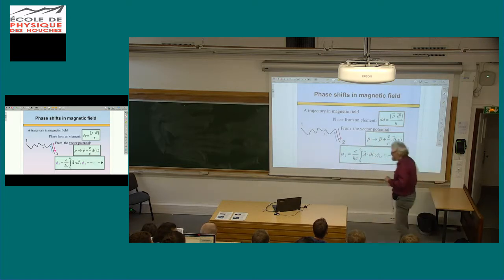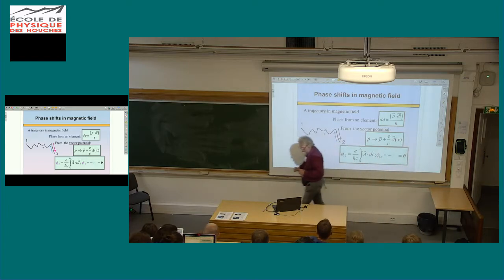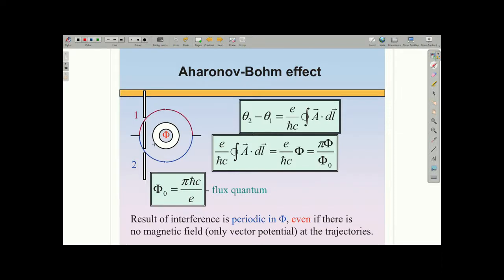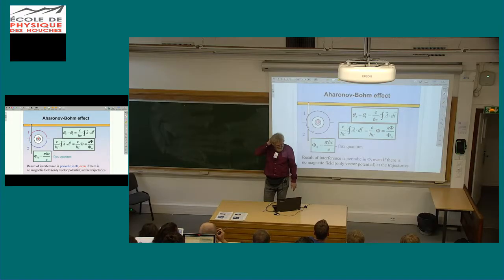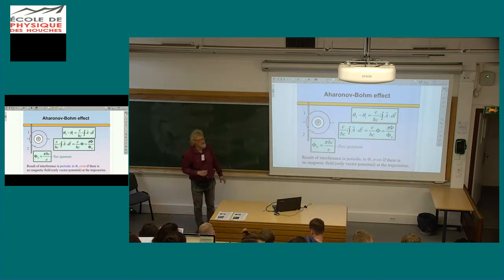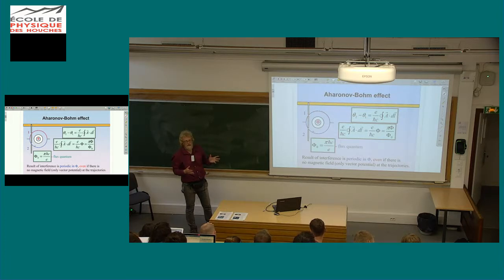Fine. Let's have an Aharonov-Bohm setup indeed. It was a fascination of physicists like 60 years ago. Let's have a coil perpendicular to the screen. Let's have some flux in the coil. If the coil is long enough, there is no magnetic field outside the coil.